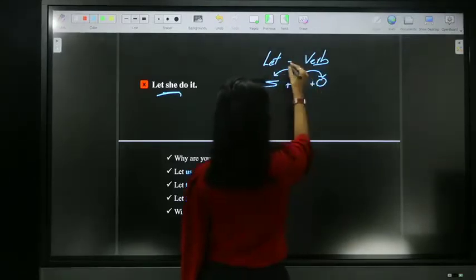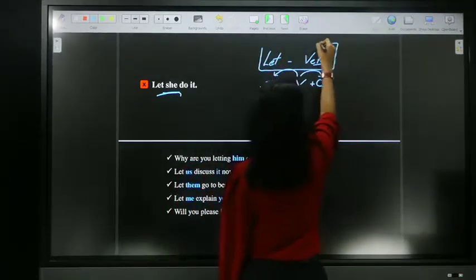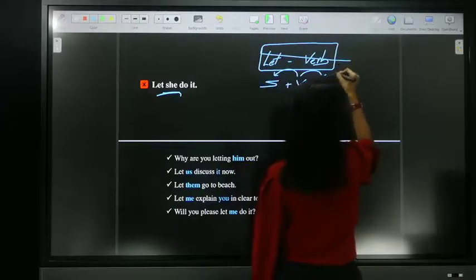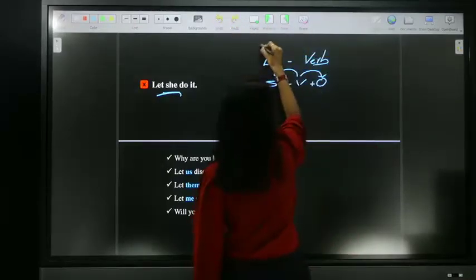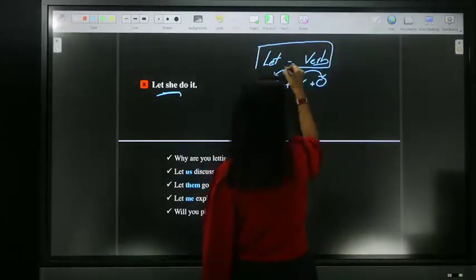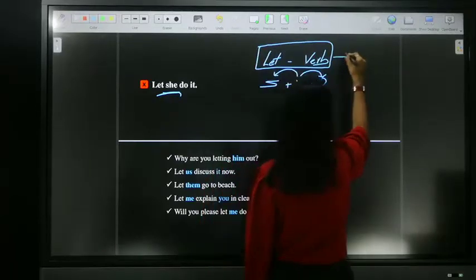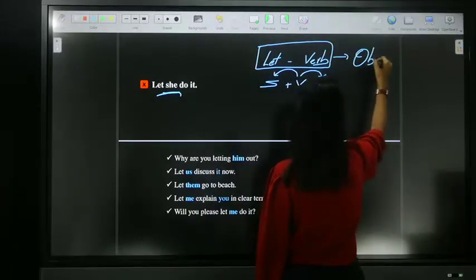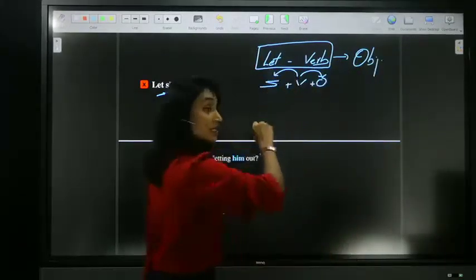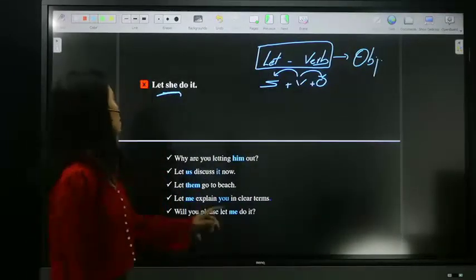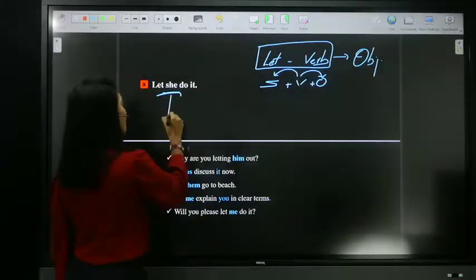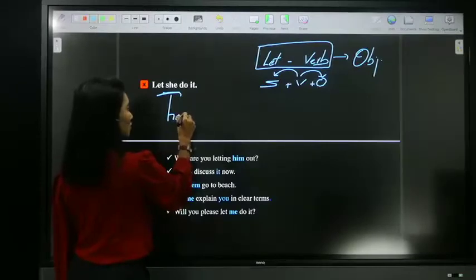That means remember, let is the verb. That means let is always followed by what pronouns? When let is a verb, let must be always followed by objective case pronoun but not subjective case, because let is a verb here. So let her do it, not let she.